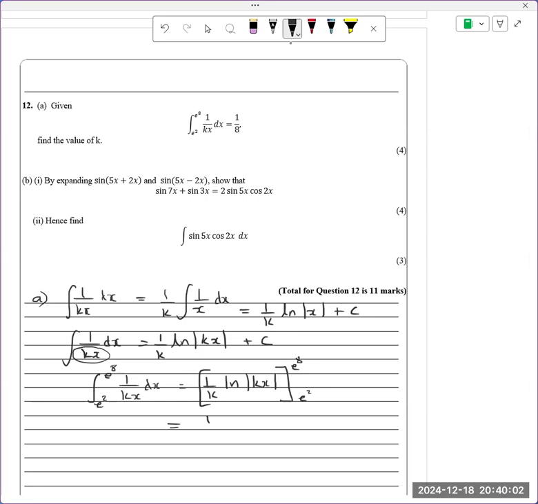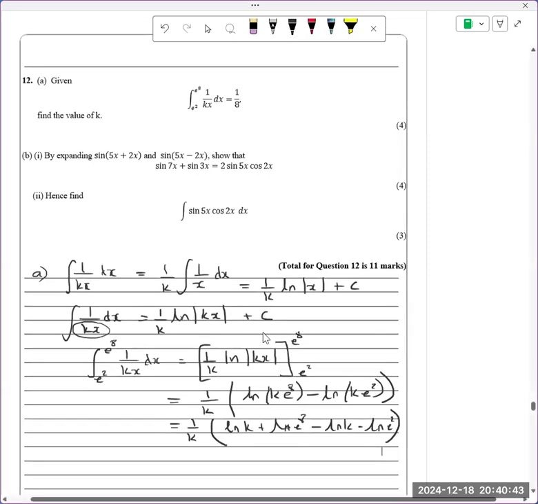So that is 1 over k. I'm going to take that outside because it's not affected. And that is going to be the natural log of k e to the 8 minus the natural log of k e squared. It would have been a lot easier to use the other one. Now, I do have to split the logs up here. So I've got ln of k plus ln of e to the 8, minus ln of k minus ln of e squared.